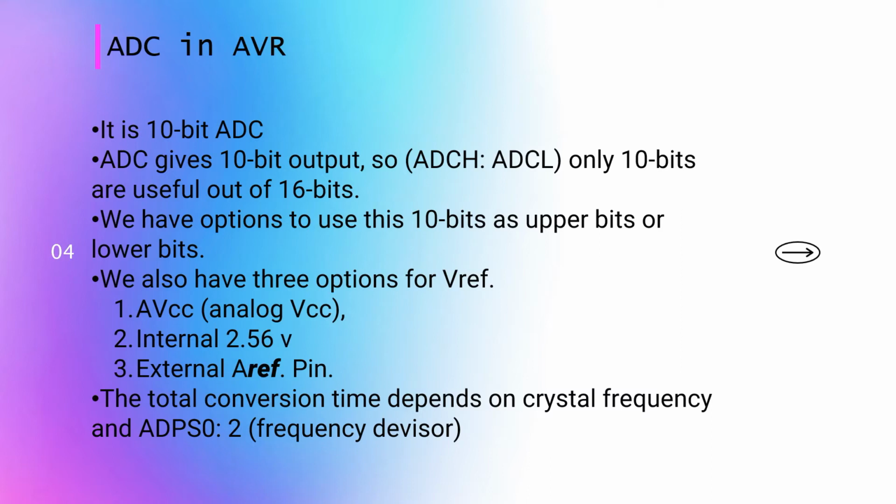The total conversion time is dependent on the crystal frequency, and also we will be using ADPS0 to ADPS2 to divide the frequency and to get the adequate frequency which will work with ADC in Atmega or AVR microcontrollers.